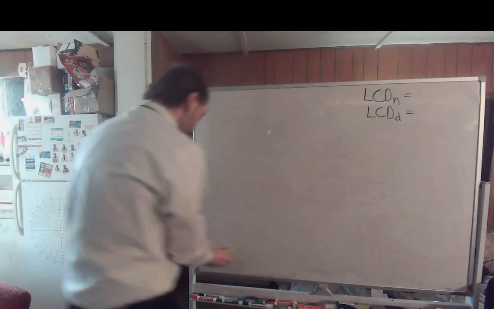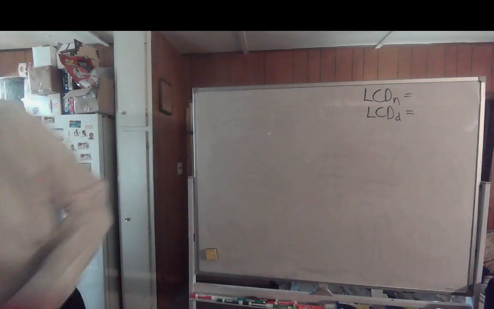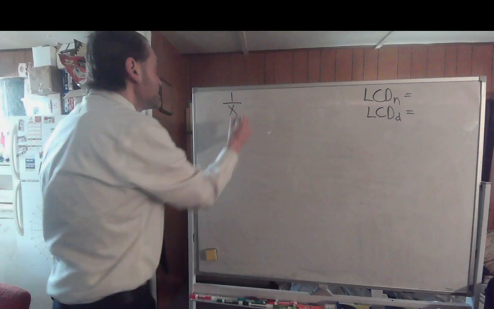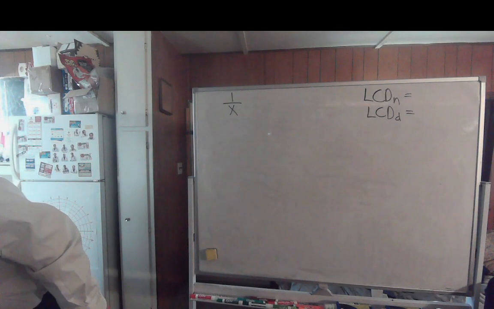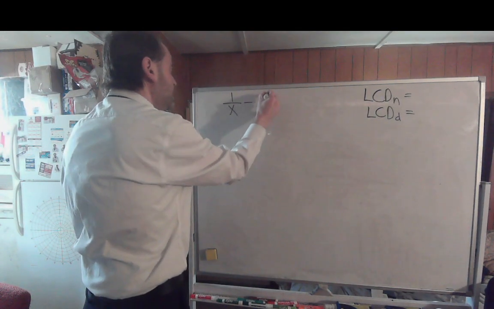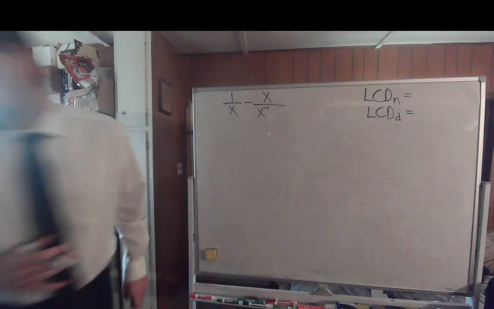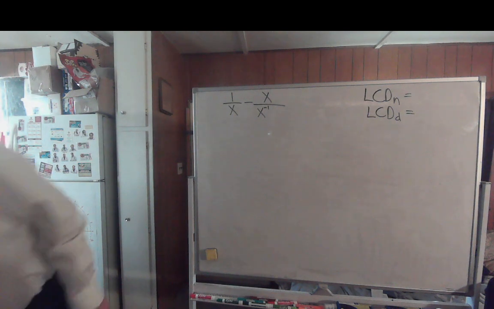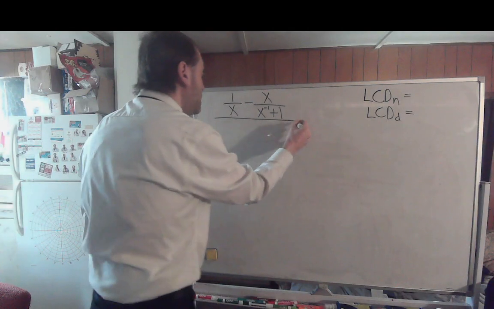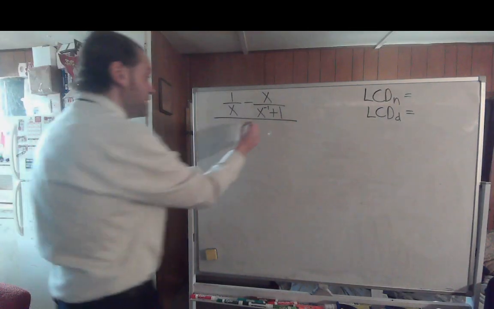All right. Let's see, we have 1 over x minus x all over x to the negative first plus 1, all over 3 over x.